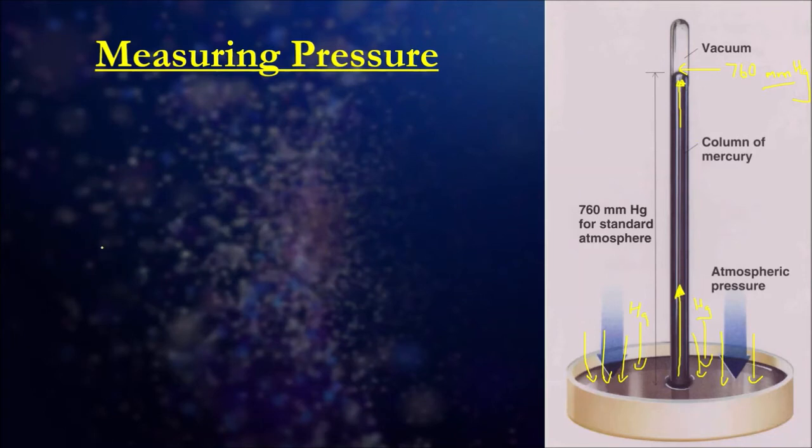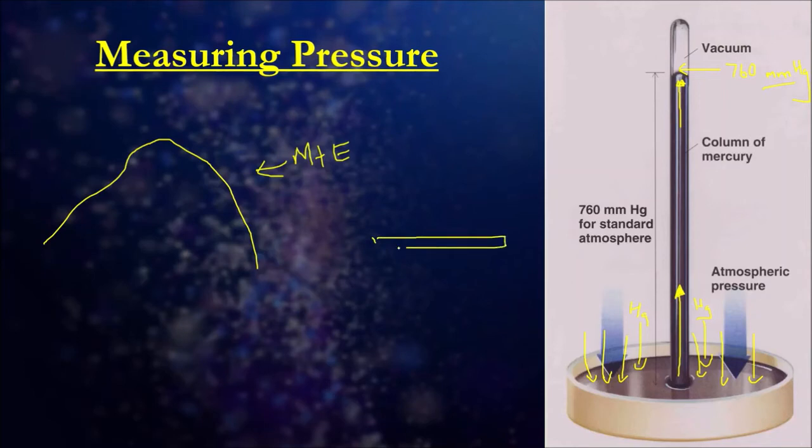If I went up to a place that's really high, let's say Mount Everest, and I did the exact same thing, what I'd find is, they always say that when you're in really high altitudes, the air becomes really thin.